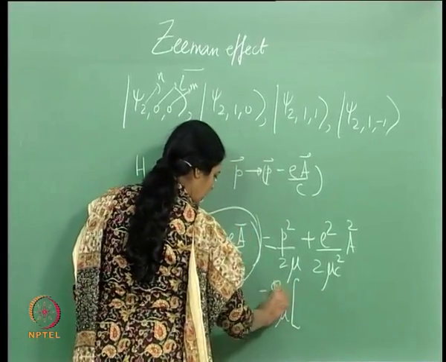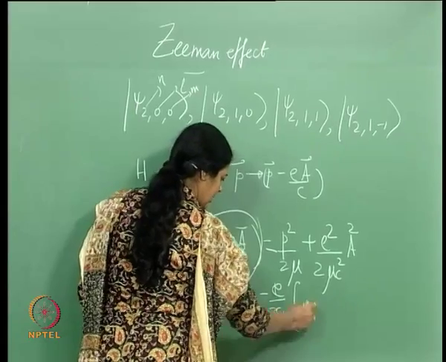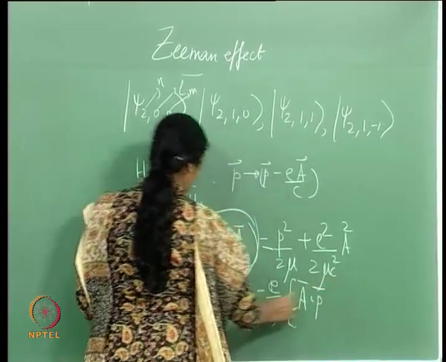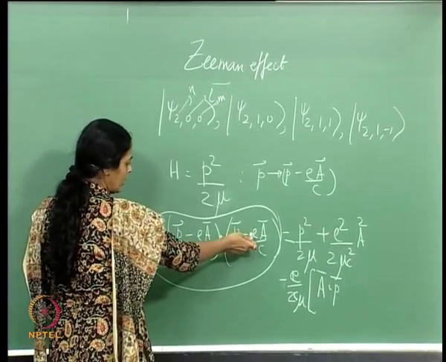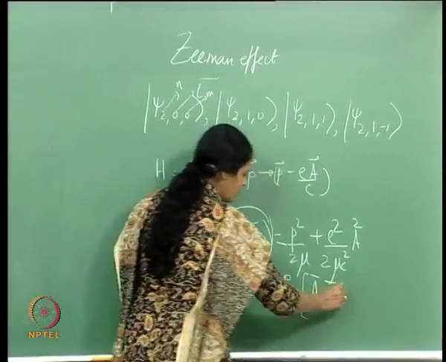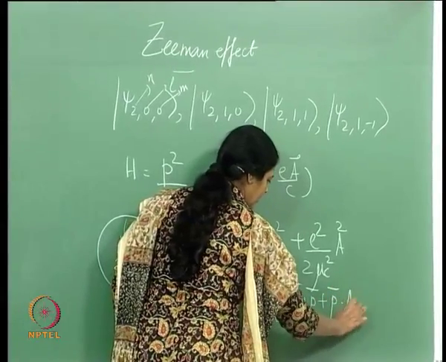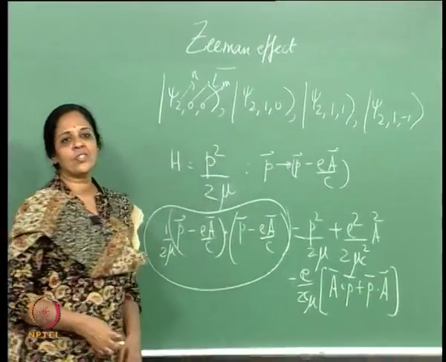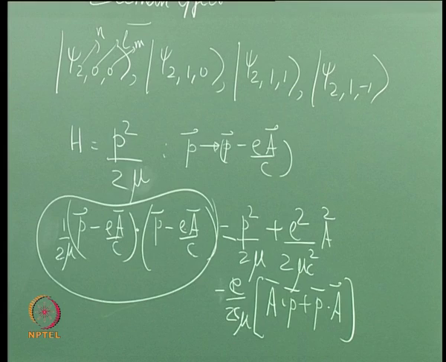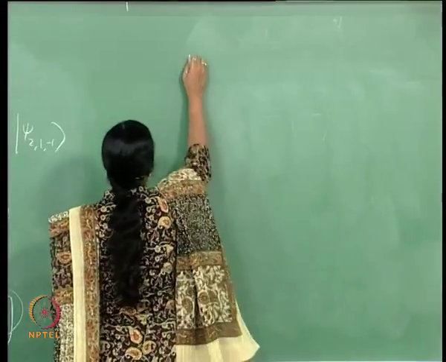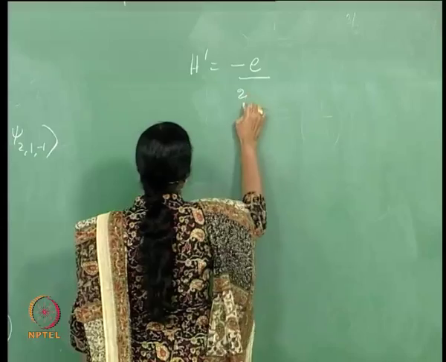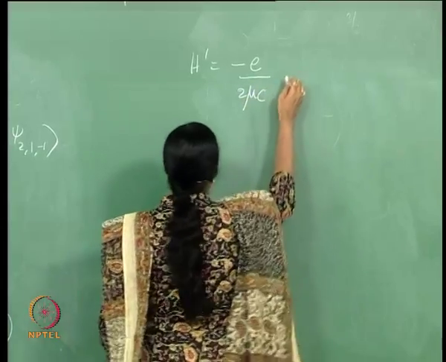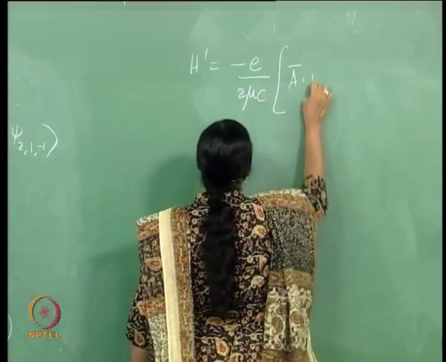Let us also put the e by c outside, A dot p, that is from here, and this gives me an e by c p dot A, and A dot p is not the same as p dot A, we have to be careful. Look at H prime, it is minus e by 2 mu c, A dot p plus p dot A.